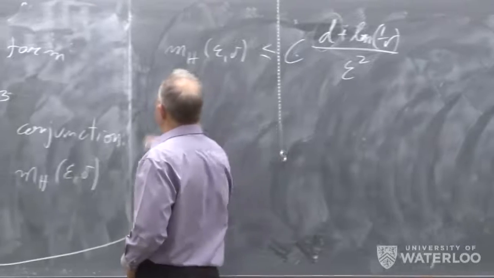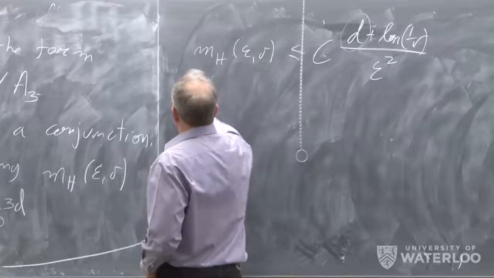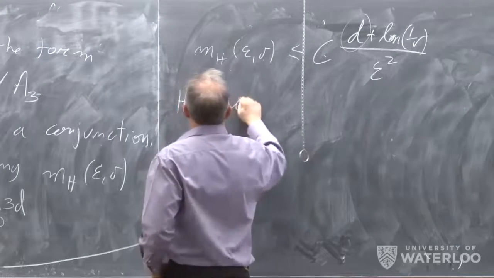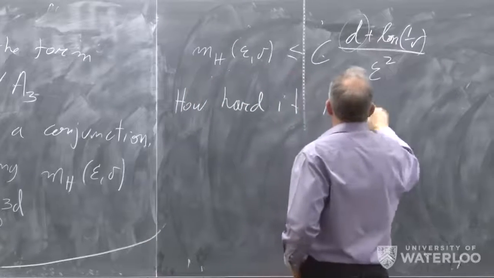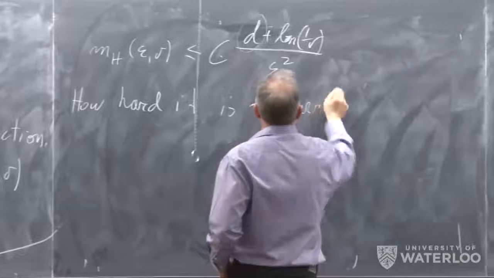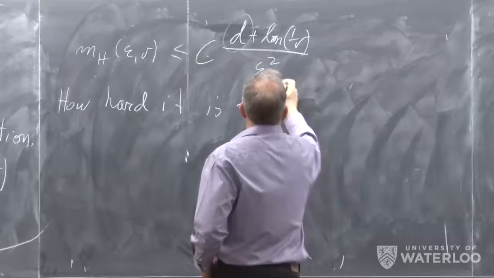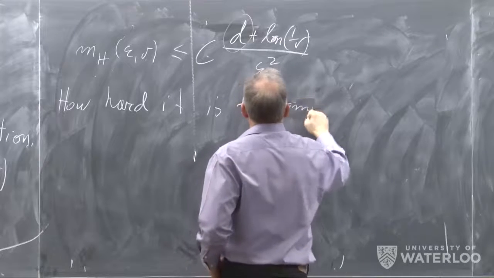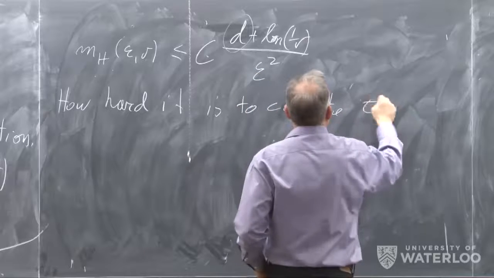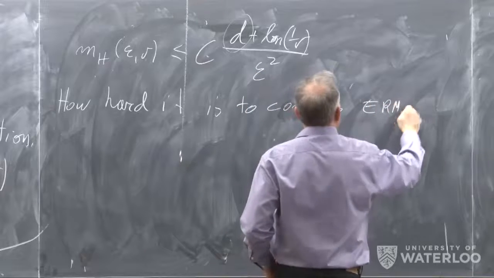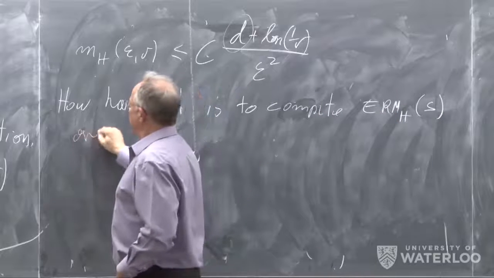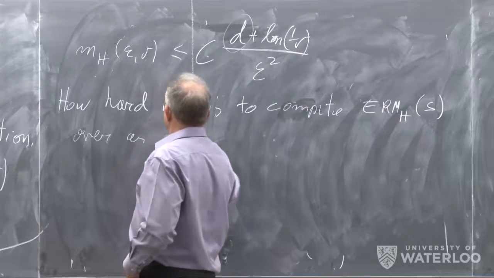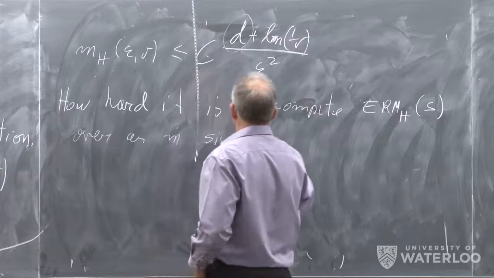So the next step is how hard it is to carry out, to compute, ERM_H of a sample S over an m-size sample.